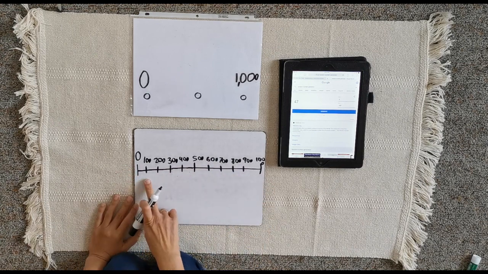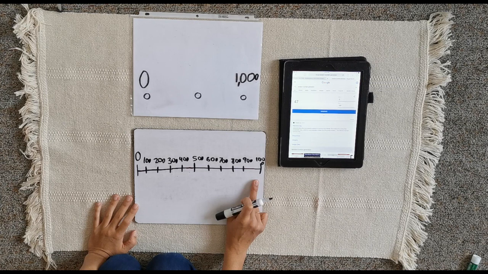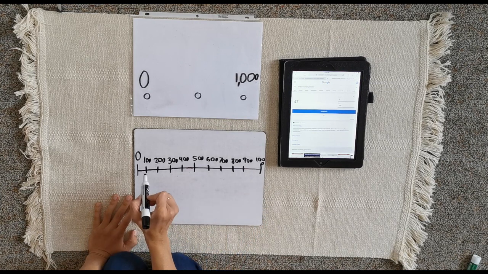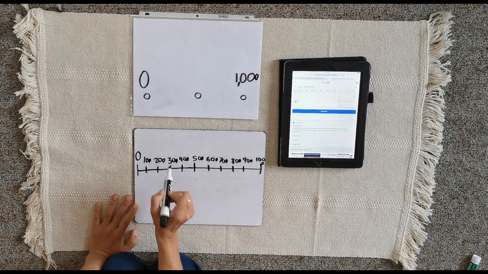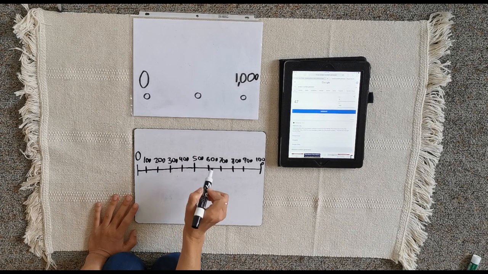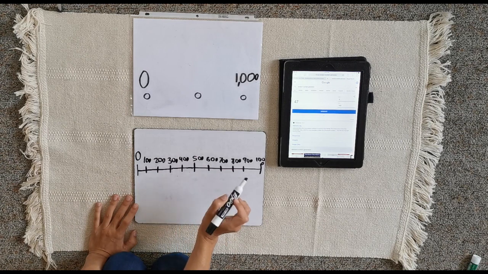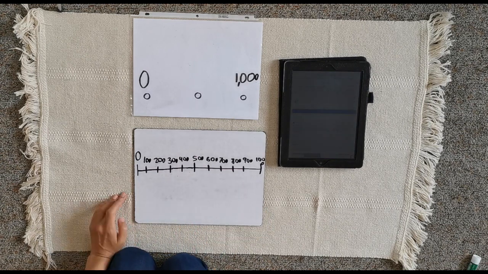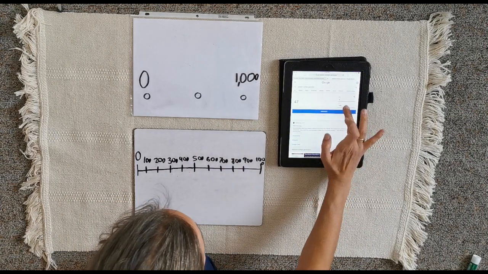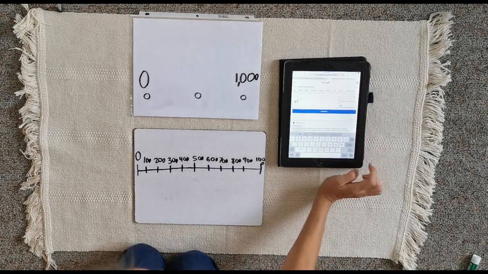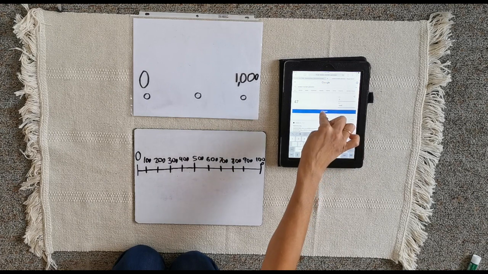And this is not counting by tens anymore. We are jumping by hundreds. 100, 200, 300, 400, 500, 600, 700, 800, 900, 1000. Oh my goodness, this time is gonna be so hard. Ready? Generate.